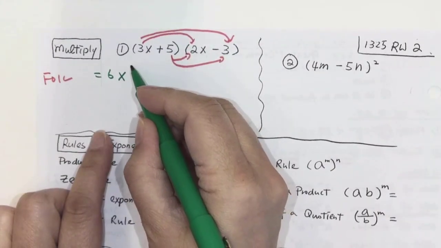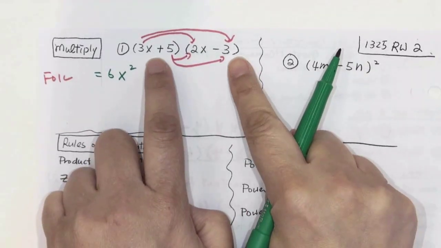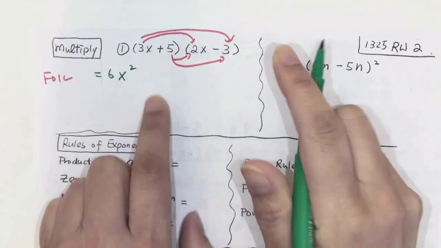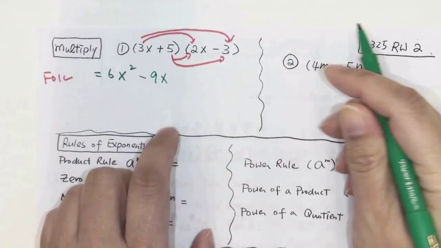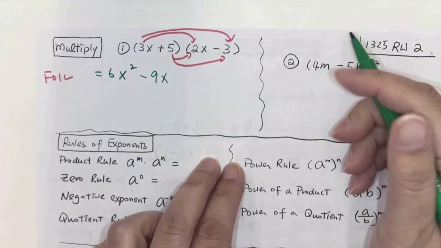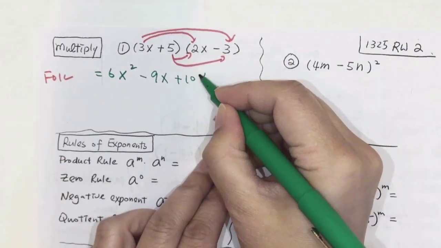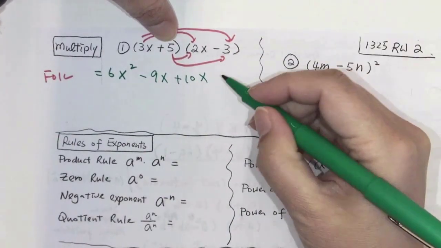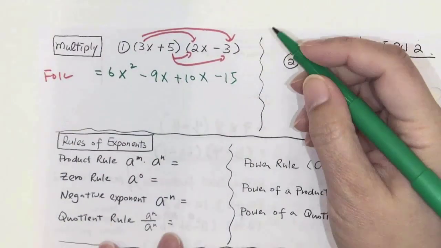X squared, thank you. All right, and then 3x times negative 3. Negative 9x. And then 5 times 2x is plus 10x. Last 2 terms multiply together, negative 15. Okay, are we done?